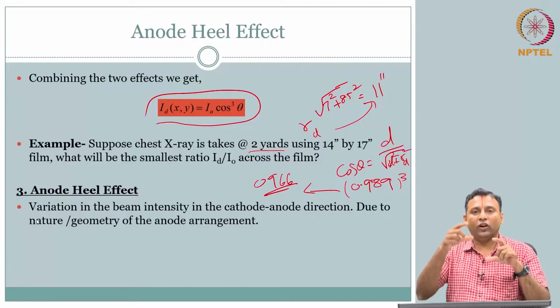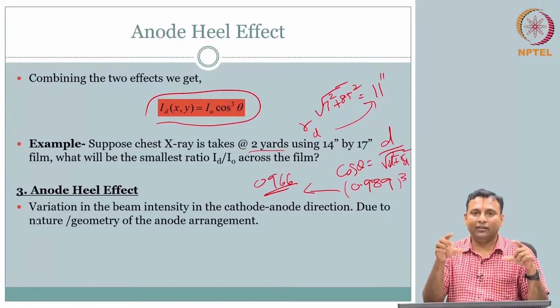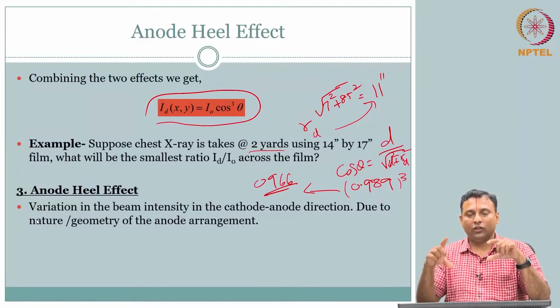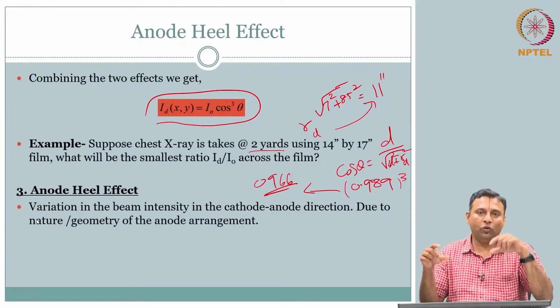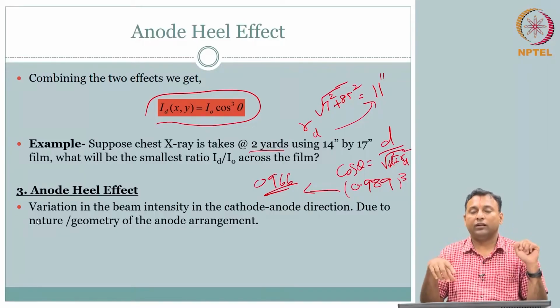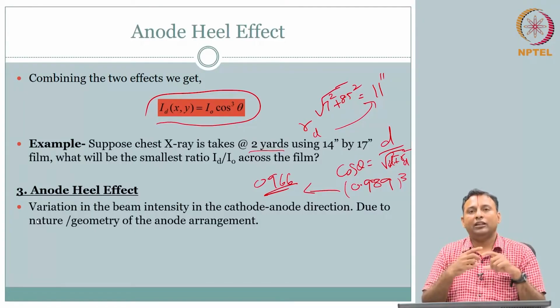To compensate for that path length, we could have a material filter that is the inverse, a mirror image of the heel, so that the path length is matched. So go review the physics where we talked about this filtration. The same filtration we can do here also. This is a very dominant effect, and it will be addressed using the filtration technique.